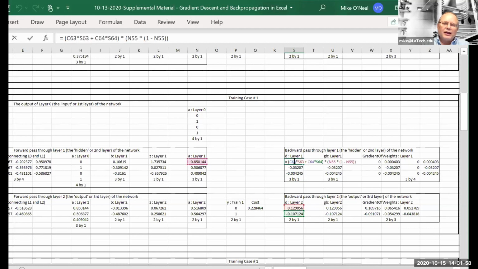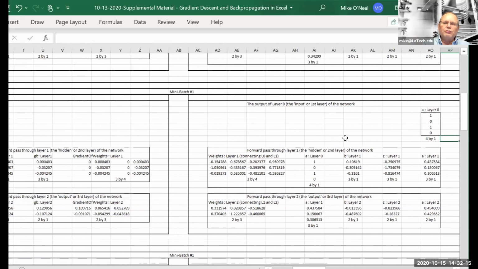So essentially, all three of those equations applied to every node and every bias in the entire network is here.